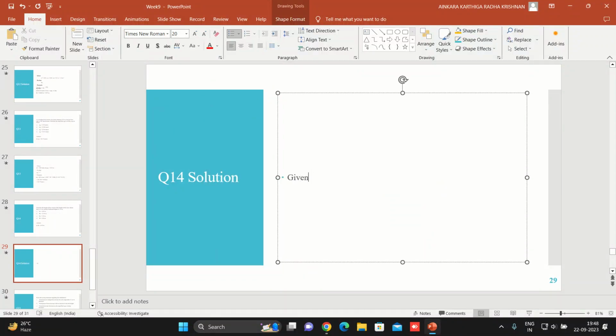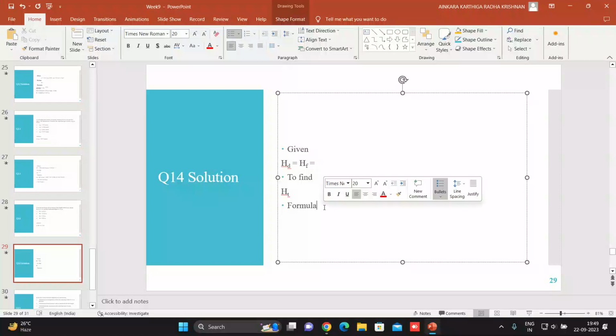So given: HD is given, HF is given. We need to find HT.